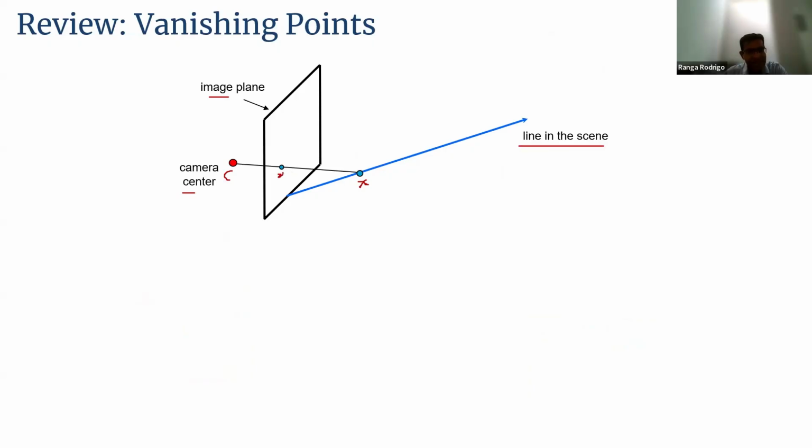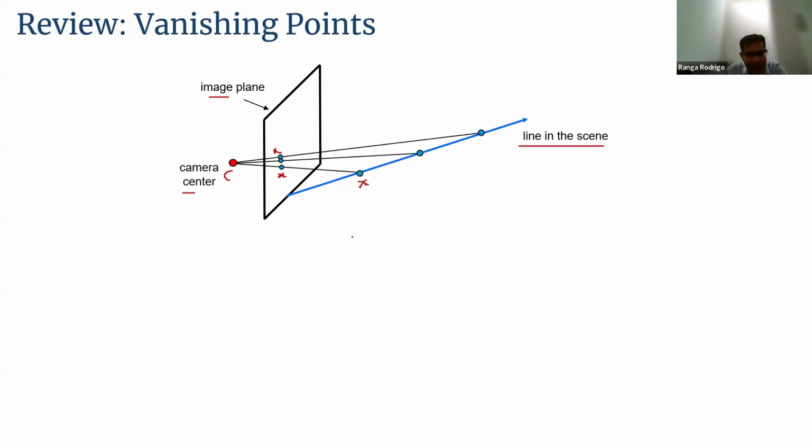Small x. Now what we want to do is slowly move this capital X along this line in the scene, like so. When you move it, you can see that the image point reaches a certain limiting location.